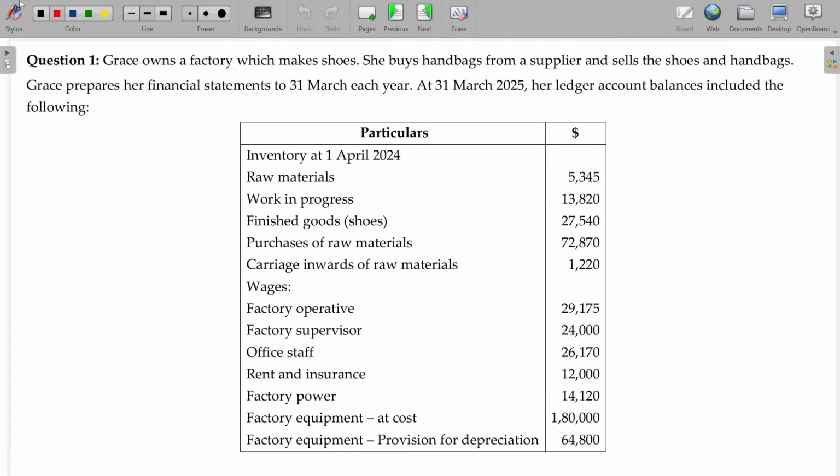And unit cost. Grace owns a factory which makes shoes. She buys handbags from a supplier and sells shoes and handbags. So shoe is made and handbags are bought.